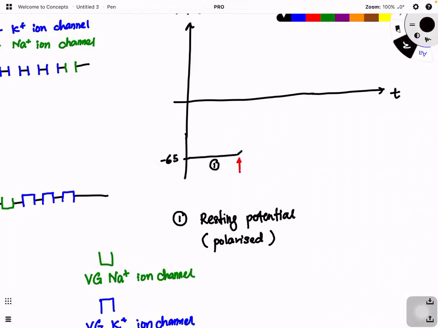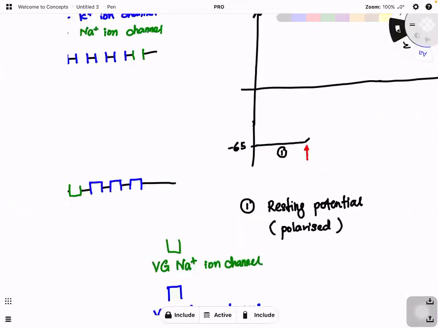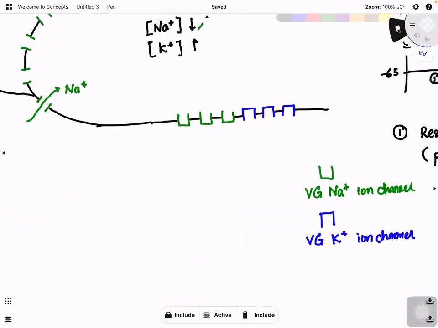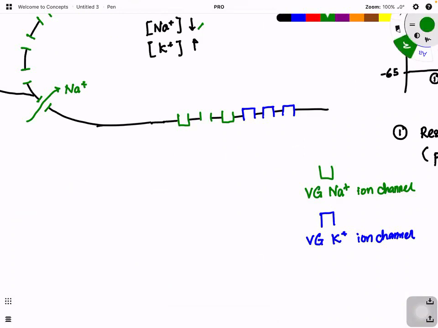That is a slight change in the membrane potential, and this slight change will cause some of these voltage gated sodium ion channels to open. Can you see that? Some of them open now. Because of the opening of the voltage gated sodium ion channels, more sodium ions now enter.